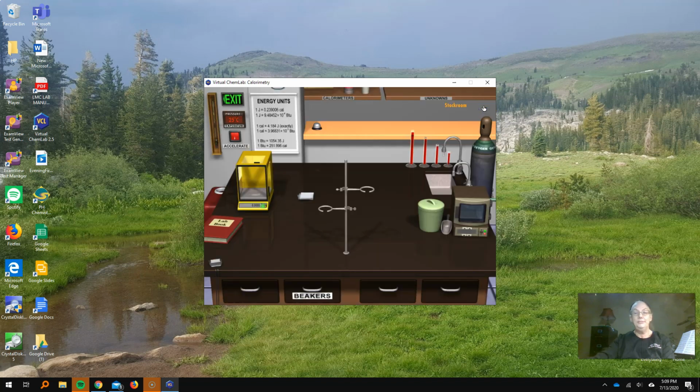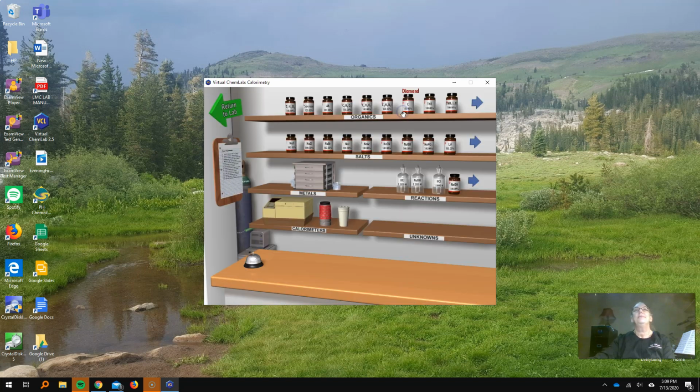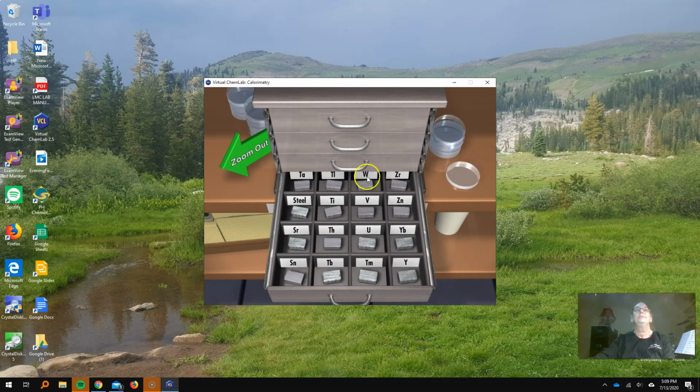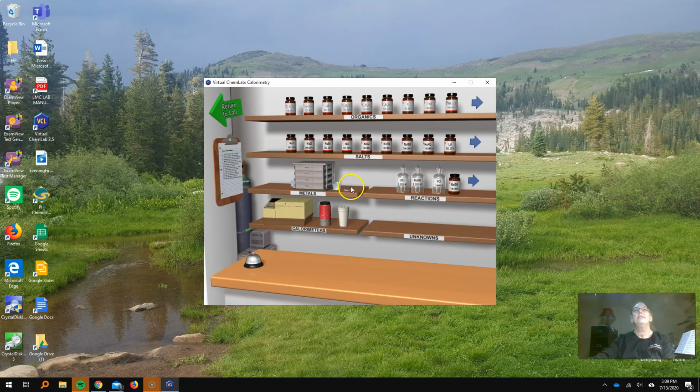And one more metal, your choice, so it's my choice. What do I want? How about strontium? So we'll do strontium. So where it says your choice, put strontium. And let's put it here. Zoom out. Put it on the lab counter.